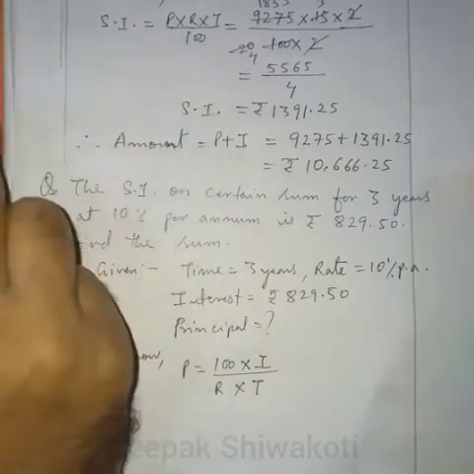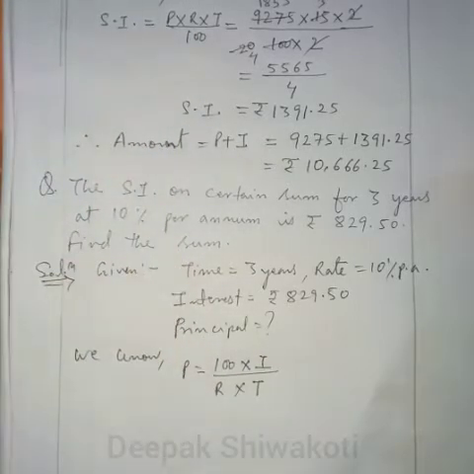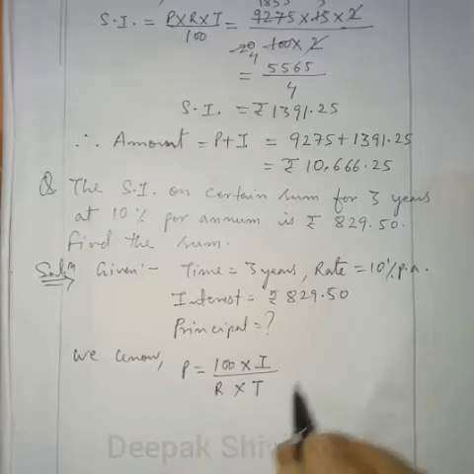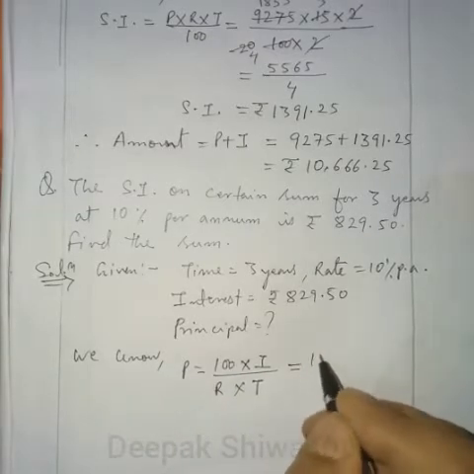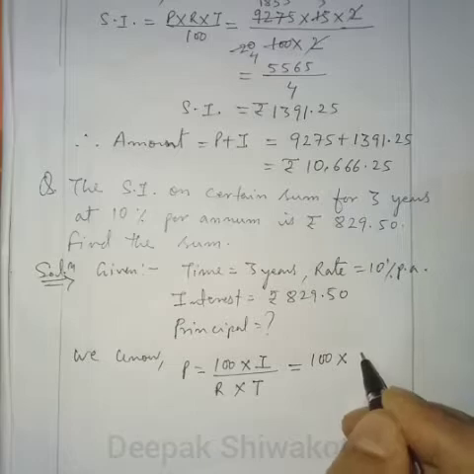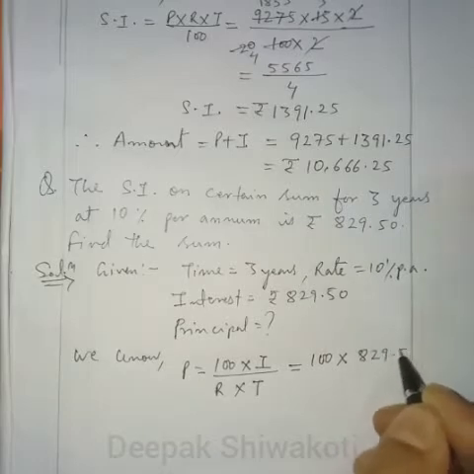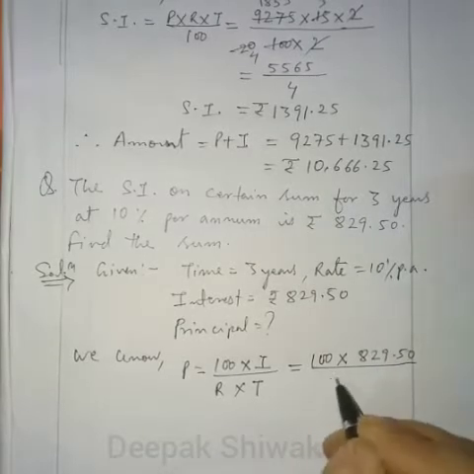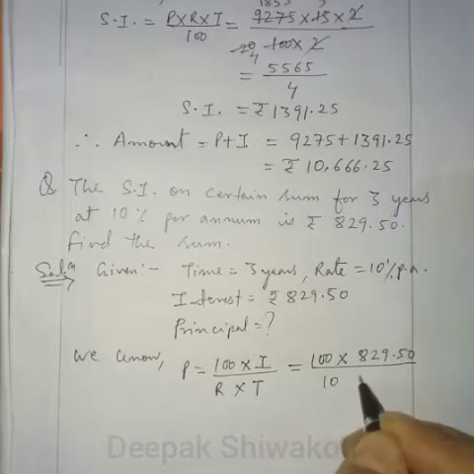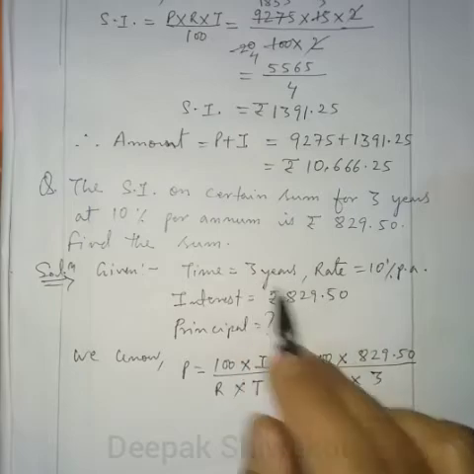P will be alone here. So in the same manner put the values: 100, I is 829.50 divided by R is 10 and time is 3.